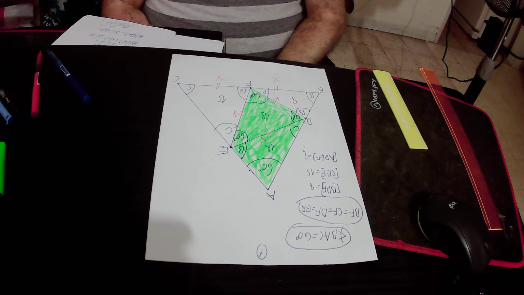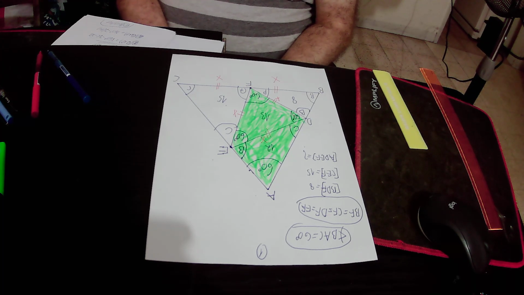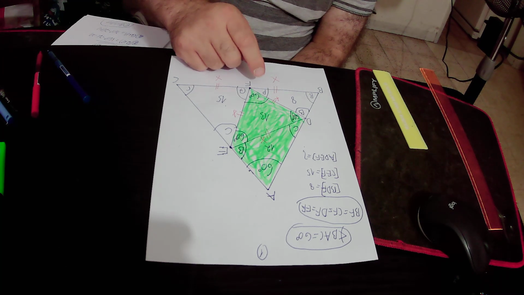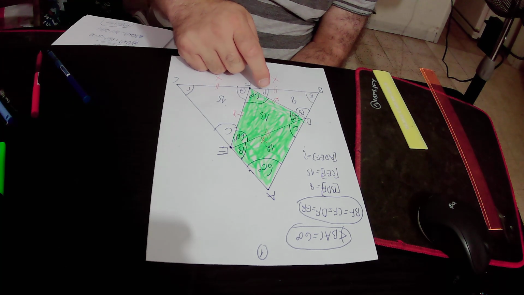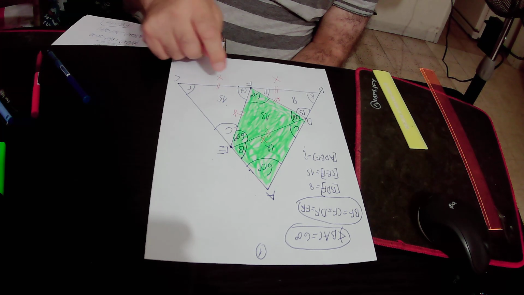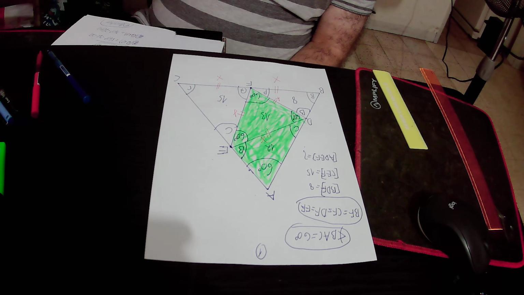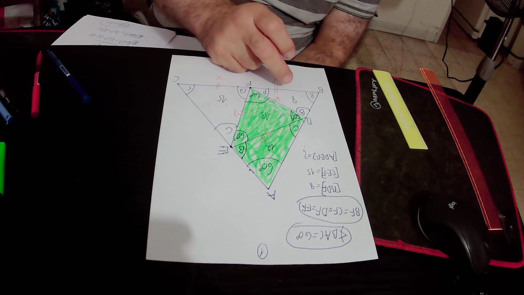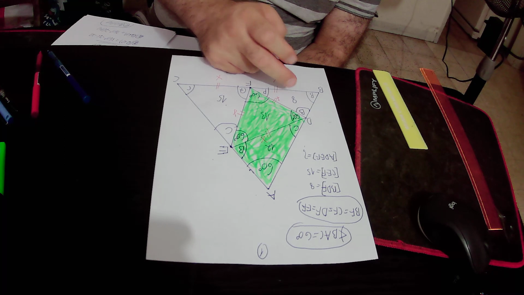Then we defined angle DFB as P and angle EFC as Q. And again we know that the sum of the angles in any triangle equals 180 degrees, and especially in triangle DBF the sum of the angles is equal to 180 degrees.